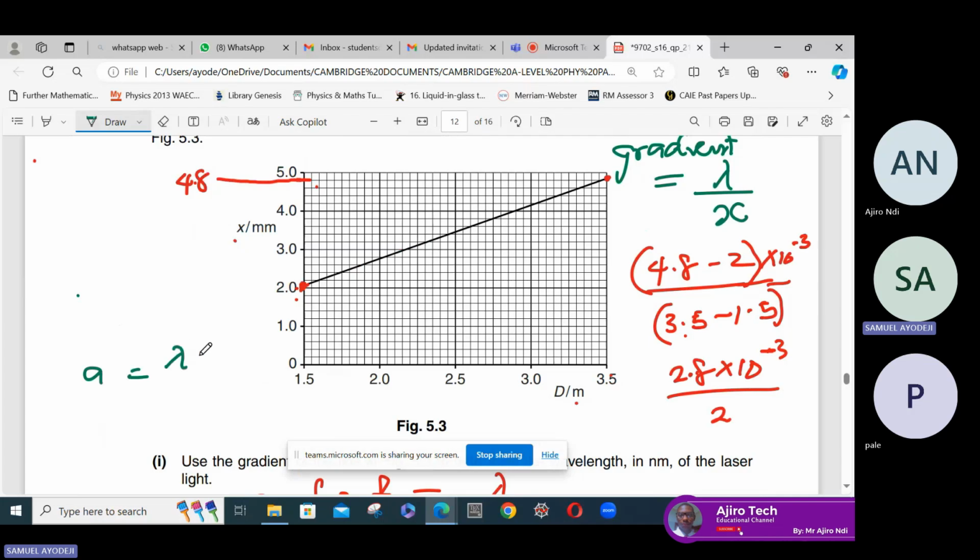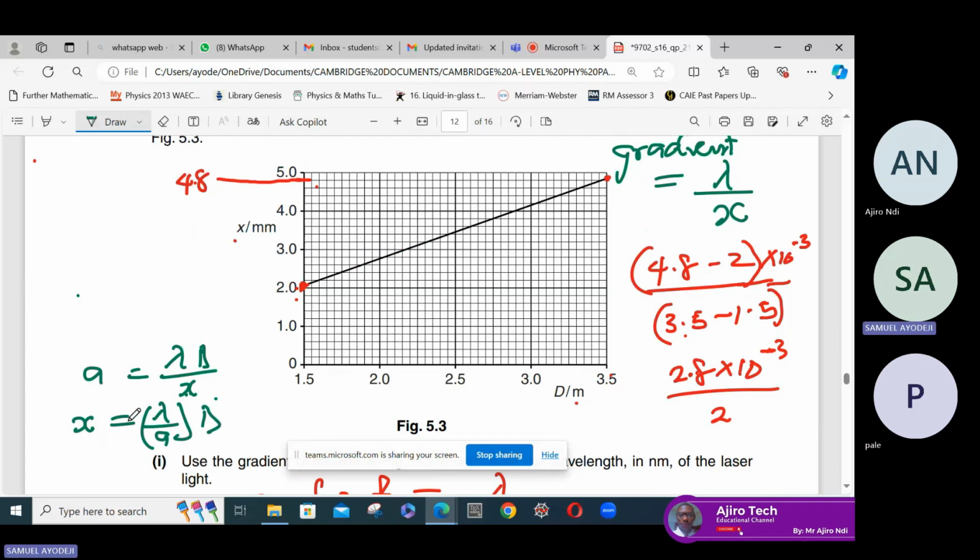I'm looking for X against D. So that will be lambda over A. Yes, sir. This is correct.